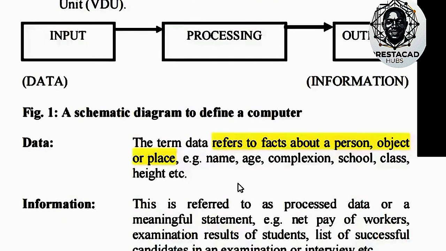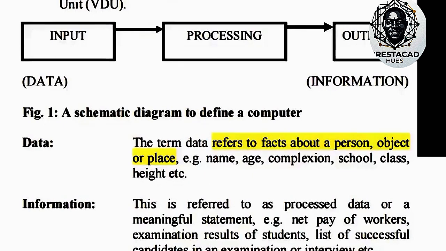So take for example, age. If somebody just writes his or her age on a piece of paper, 12 years, 13 years, and so on and so forth, data on its own is not meaningful.